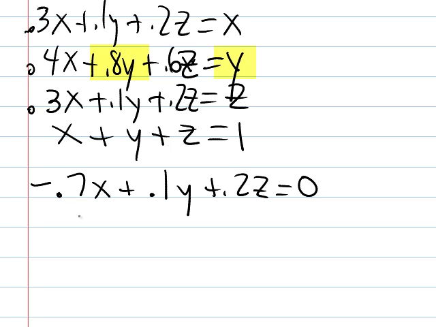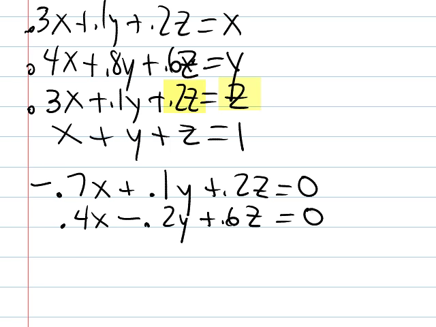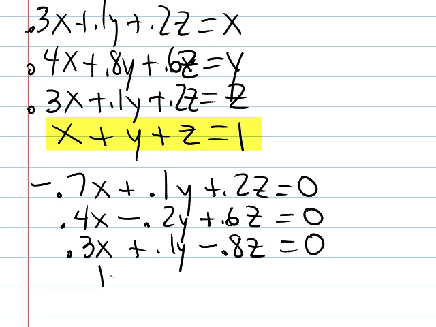In my second equation, I'll subtract y from both sides. 0.4x minus 0.2y plus 0.6z equals 0. The third equation, I subtract z from both sides. 0.3x plus 0.1y, and in the third column I have negative 0.8z and 0 on the right, and I have x plus y plus z equals 1.